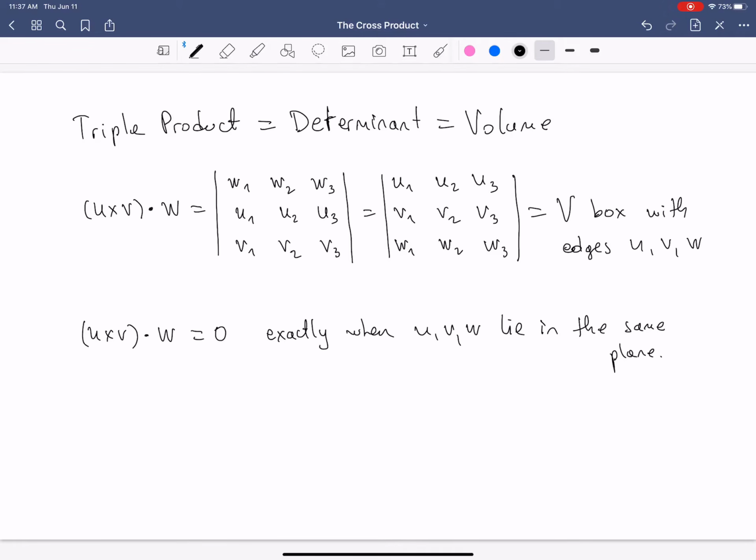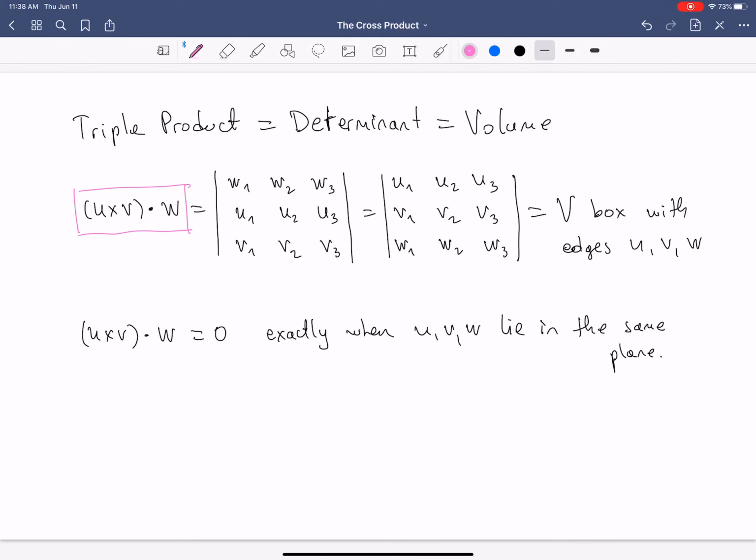So you see, we can use this triple product also to check for linear independence. If I give you three vectors and I ask you whether or not they're linearly independent, well, three vectors in 3-space are linearly independent if they span the whole space. They cannot span the whole space if they lie on the same plane.